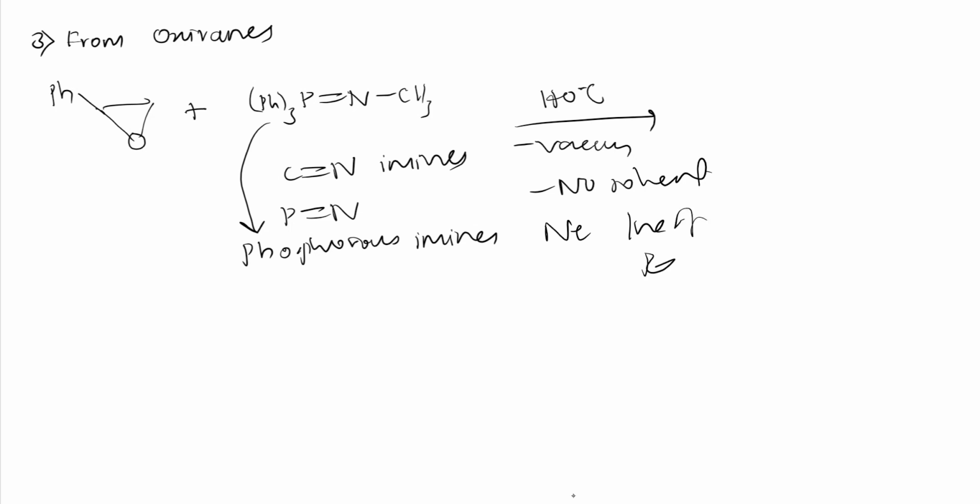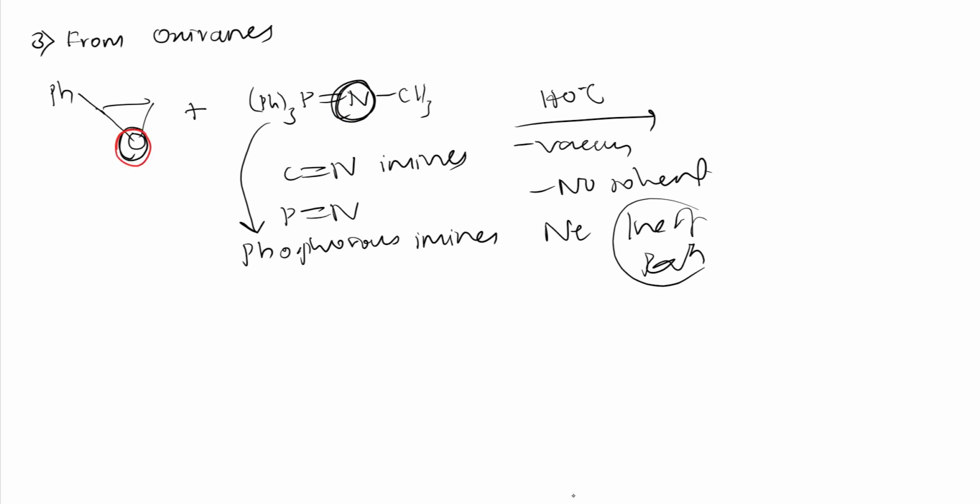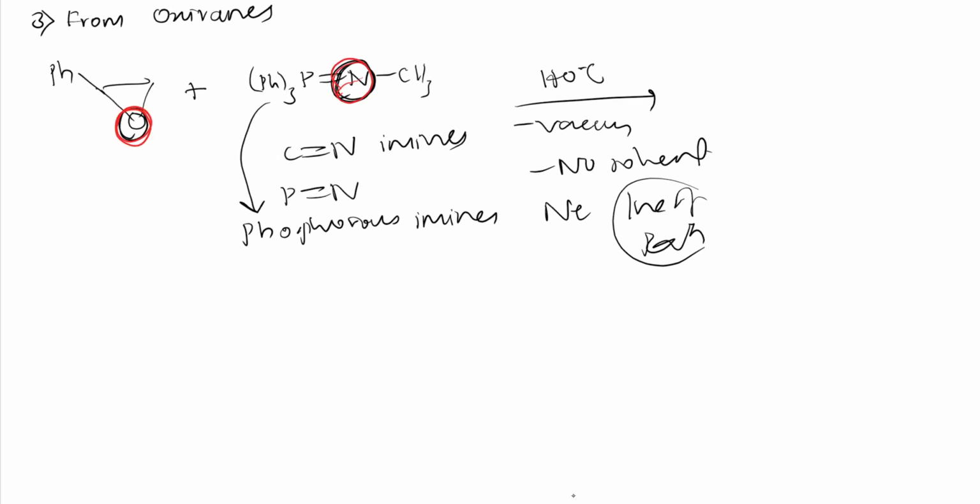Right? So what we will get, see here, just this oxygen and this nitrogen will be replaced simply. So I'll get this oxygen, right? And this nitrogen will be simply replaced at that temperature and everything. So I'll get this product. Here instead of oxygen I'll get nitrogen, which is attached to CH3.